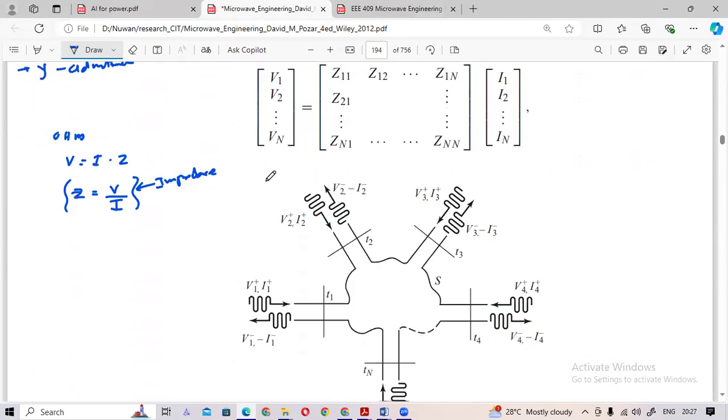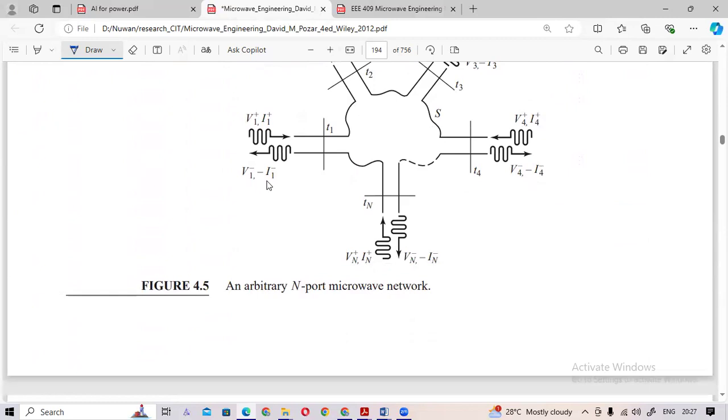If we consider any microwave component or microwave circuit, actually this is not related to only microwave, any circuit or any component. For example, consider an amplifier. If you give it an input, it will give an amplified output.